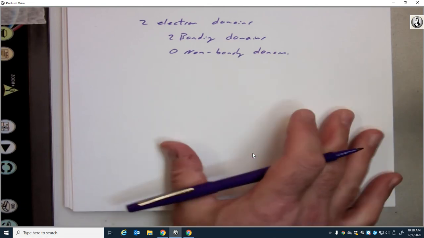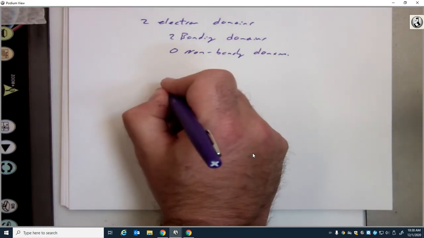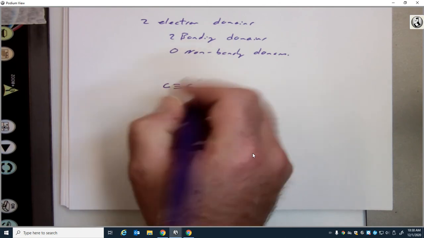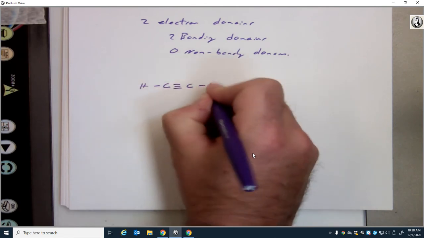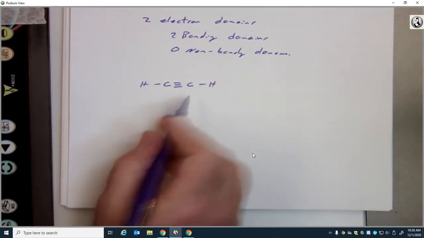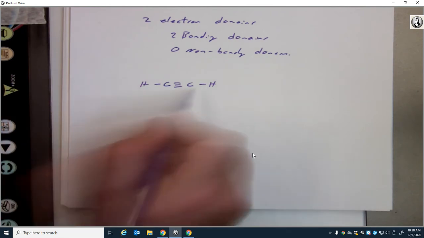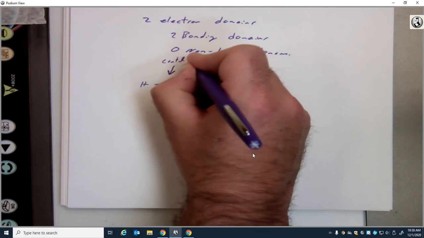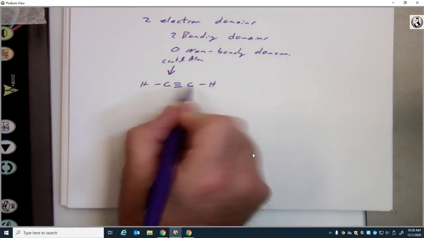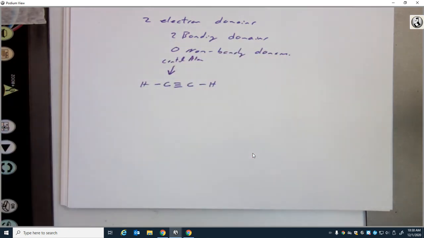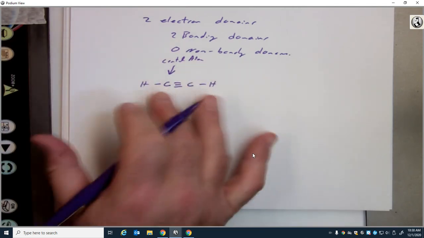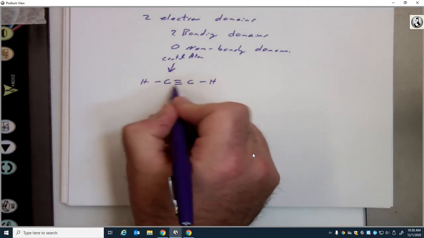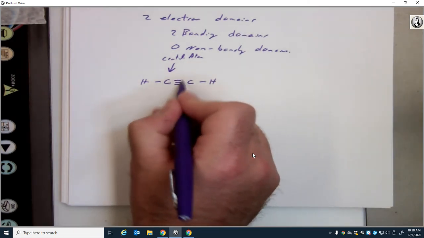Let's look at this. This would be ethyne, all right? And we're going to focus on this central atom. In reality, there are two central atoms, okay? But they're both going to be the same, right? So when we look at this guy, this is still considered one bonding domain.